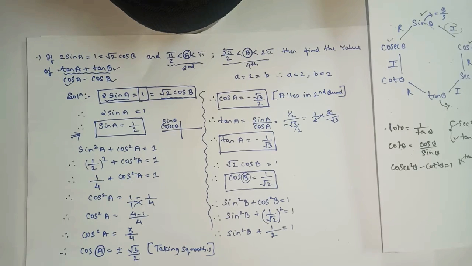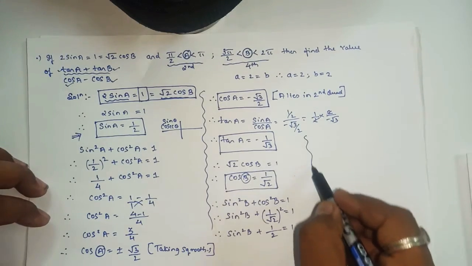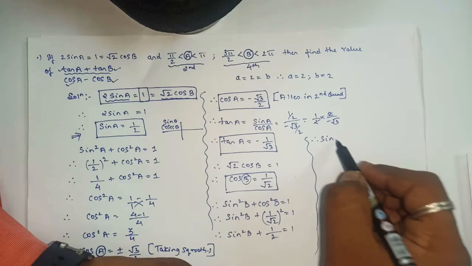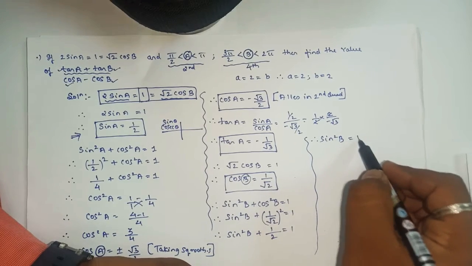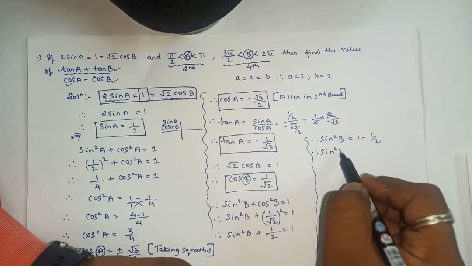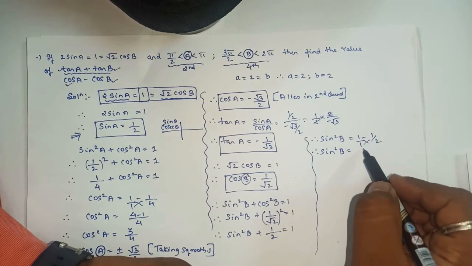Yes or no? Okay. Then after that sine square B is equal to 1 minus 1 by 2.